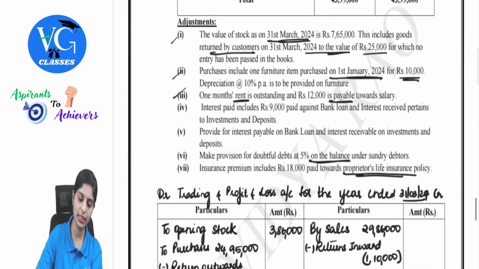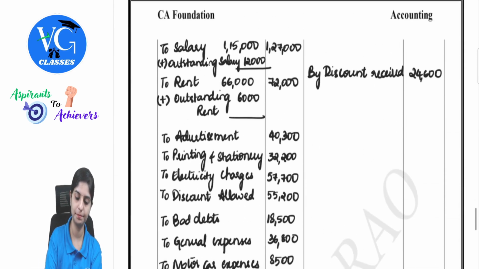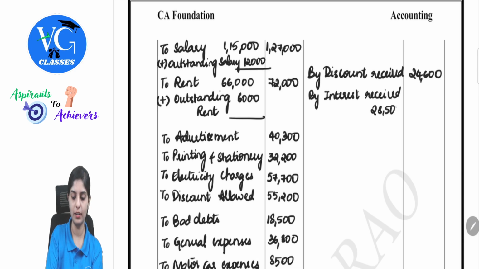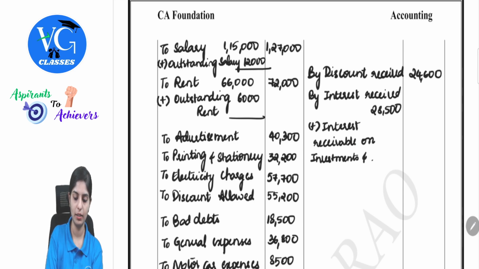So by interest received 28,500 plus interest receivable on investments and deposits. How much? That is 34,500 minus 28,500.